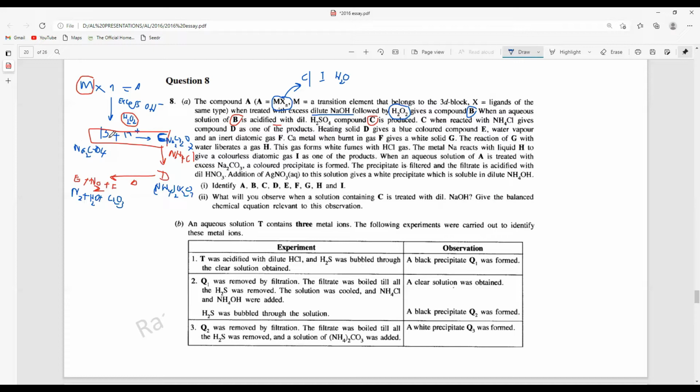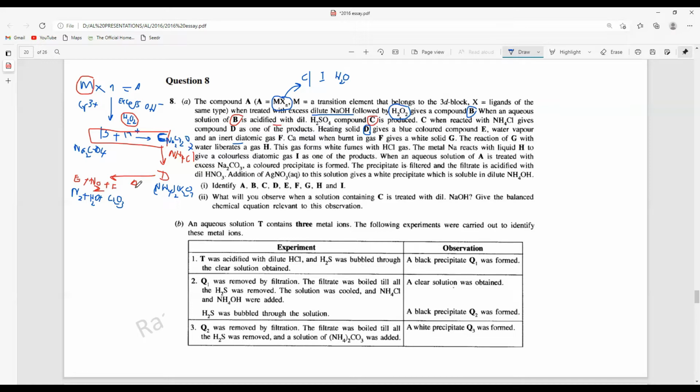Okay, so what is the form when H2O2 is added to get CrO4 2 minus? It should surely be chromium 3 plus. Okay, so that is the idea. You can catch from this point, heating solid D, this is the main point that you can catch what compound exactly this is.